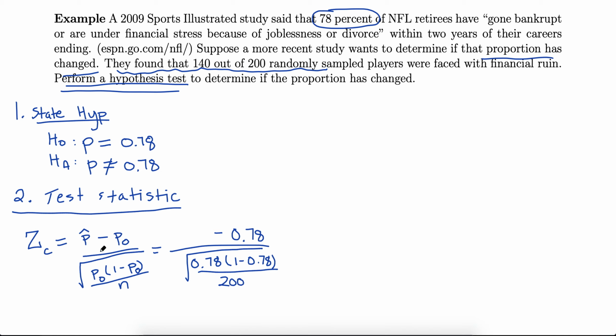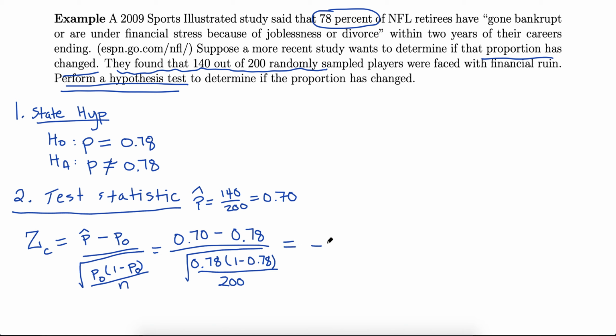Then we just need our evidence or our data to compare to this initial assumption of 78%. So the problem told us 140 out of 200 were under financial ruin. So that's p hat, the proportion from the sample. 140 out of 200, just work that off to the side somewhere, is 70%. So current data, 70%. We're comparing that to the initial assumption of 78%.